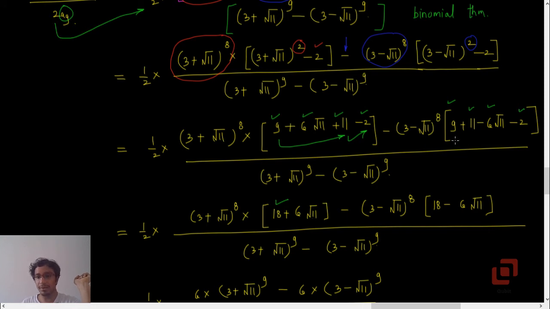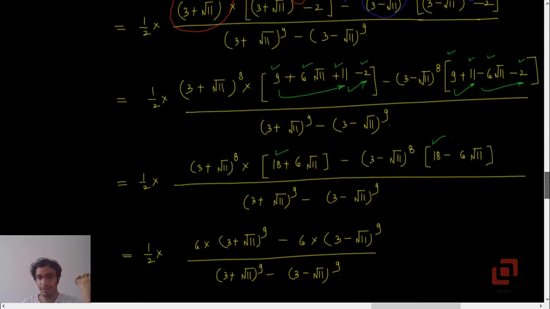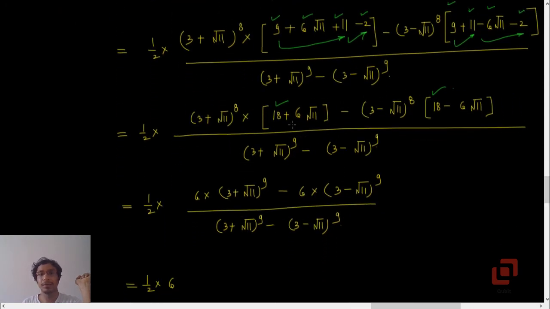Then do the same thing here, 9 plus 11, 20 minus 2, 18. Then the next part, from 18 plus 6 root 11 take 6 common, and do the same thing for 18 minus 6 root 11. If you do that, then 18 plus or minus 6 root 11 can be written as 6 into bracket 3 plus or minus root 11.